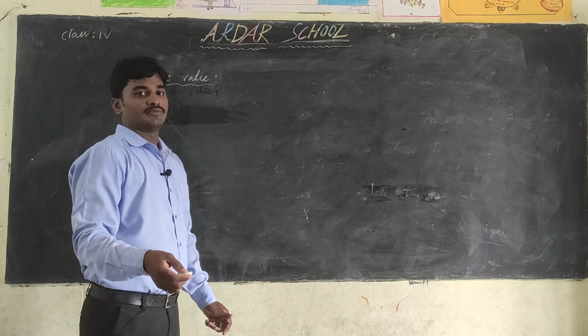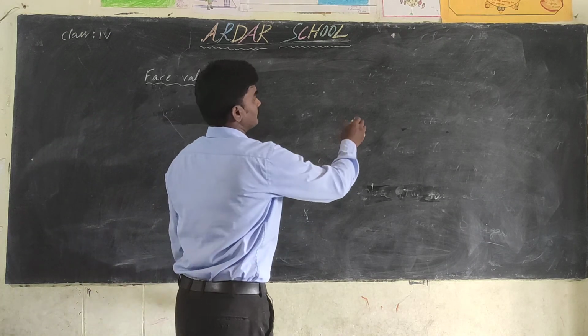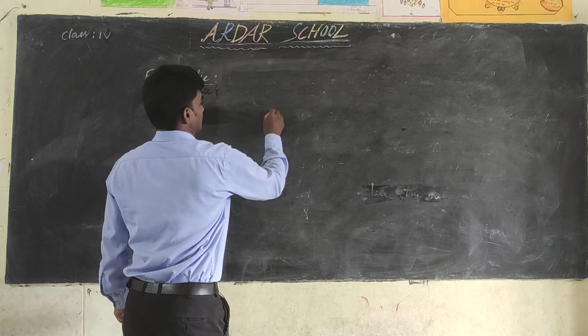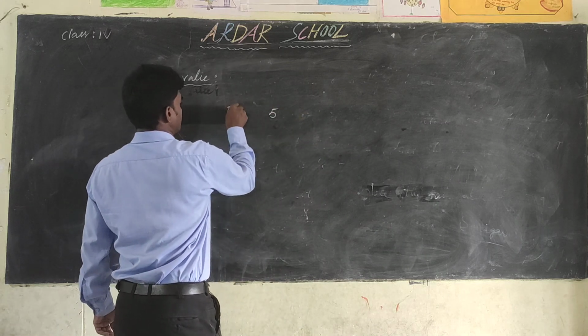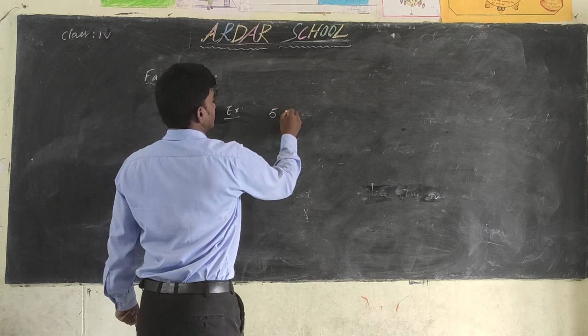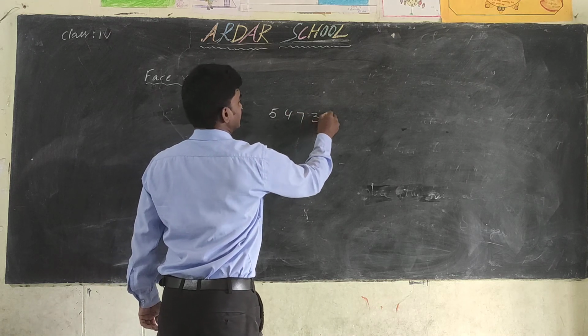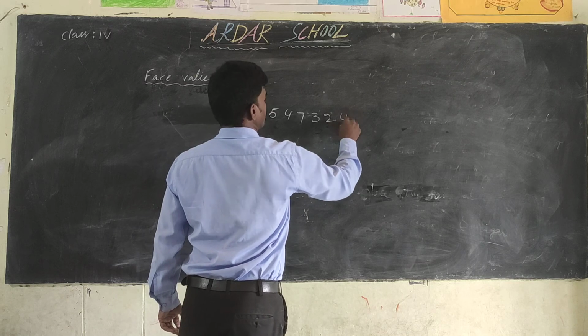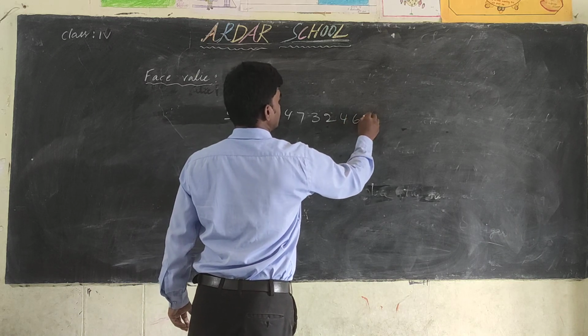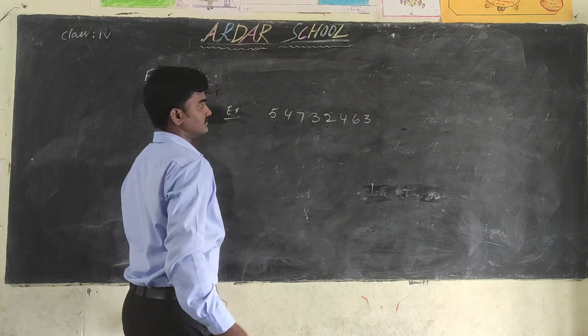In the Indian numeration system, we have place values. I am going to give you an example: 5 crores 47 lakhs 32,463.